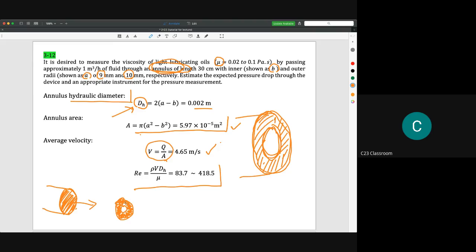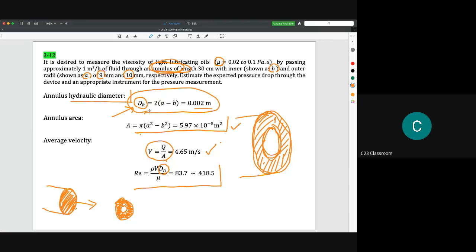So that's why we cannot calculate the Reynolds number by using the common rho Vd over mu, but we need to use the D here as the hydraulic diameter. And the hydraulic diameter actually depends on the situation. So in this case, the equation given is 2 times A minus B. So we just use the equation here.